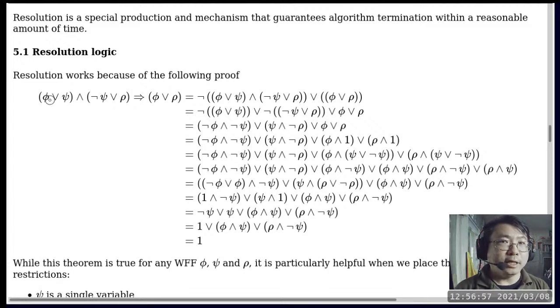Well, phi can be a disjunction of things by itself, and then rho can be a disjunction of things on its own, and then psi is something from alpha, and since psi is already something from alpha, not psi is also going to be the negation of that, right?